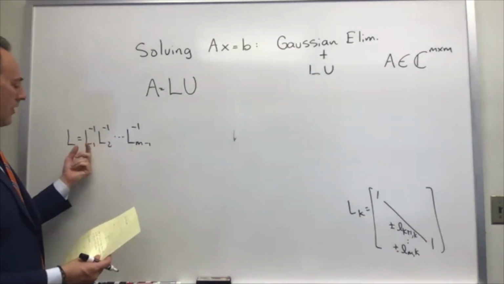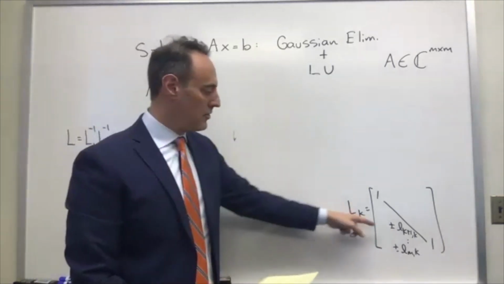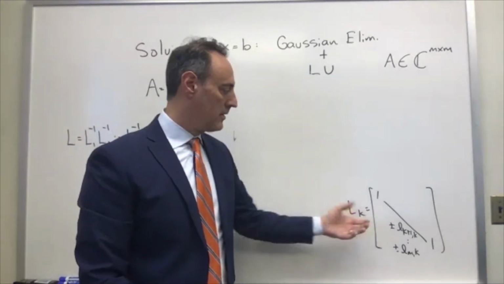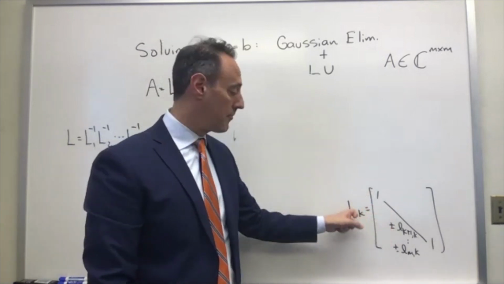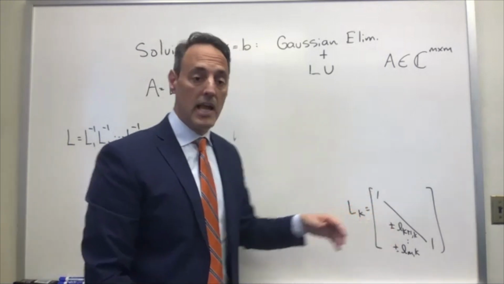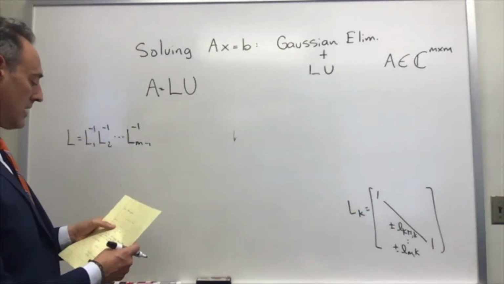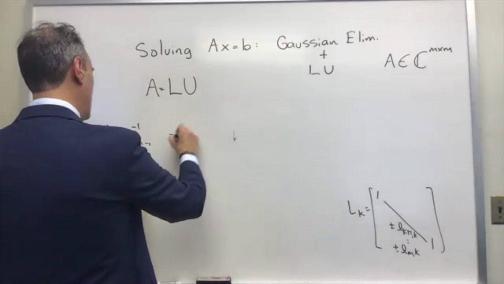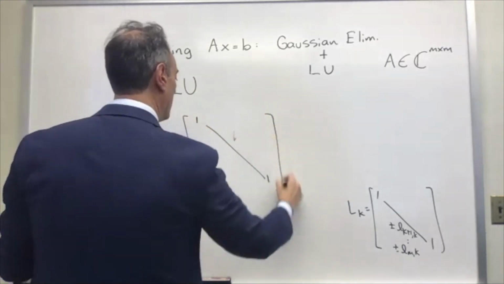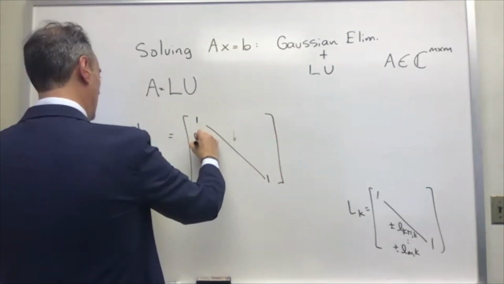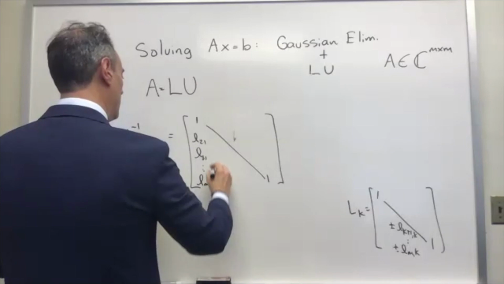But if you compute all this, the inverse of L of K is with the plus sign, and the straight application was the minus sign. So now if I take the inverse, which is going to be a plus sign, and then I multiply these together over and over again, what you end up with is this matrix L, which is simply going to look like the following. Ones on the diagonal, L2,1, L3,1, up to LM,1.